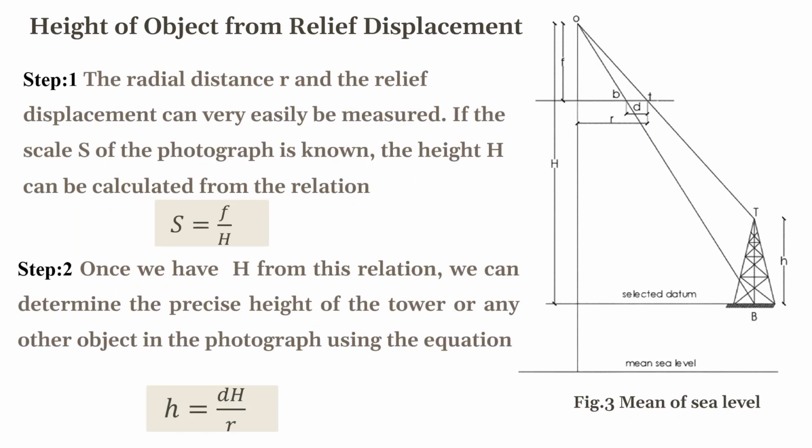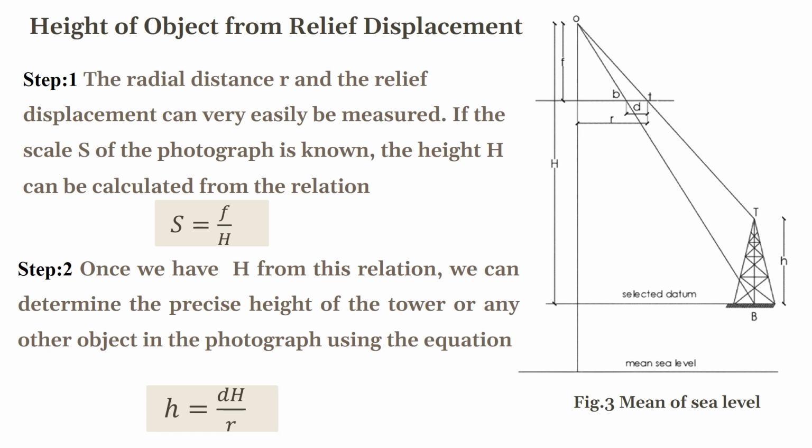At step 1, we have to determine capital H from capital S. With the known scale S of the photograph and the focal length f, we can determine the height H of the exposure station using the relation S is equal to small f by capital H. Now step 2.